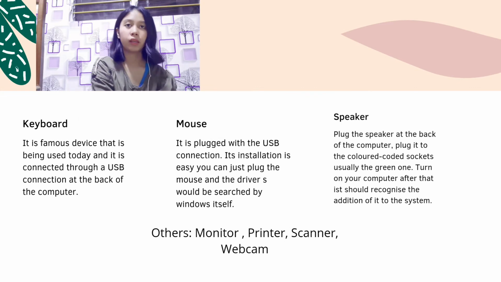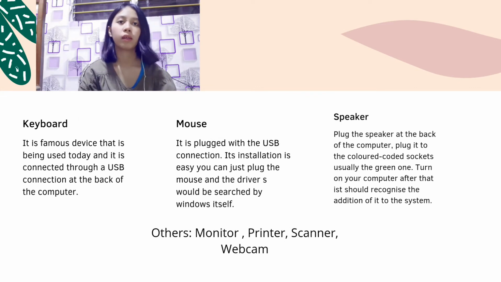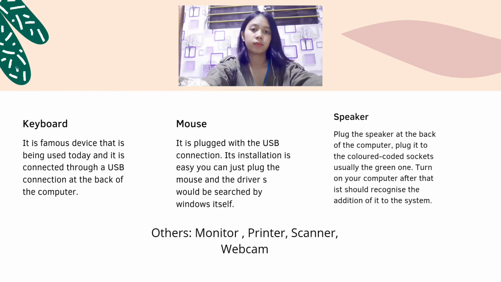We are now here at the keyboard. The keyboard is a famous device that is being used today, and it is connected through a USB connection at the back of the computer. If you want to get it installed, you can connect it with the computer. The next is the mouse. The mouse is plugged in with a USB connection. Its installation is easy.